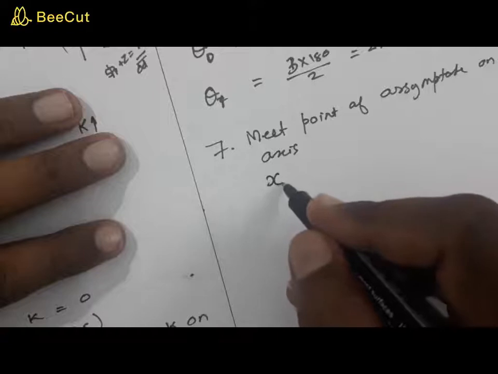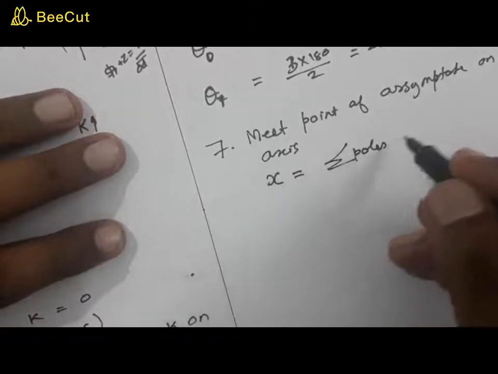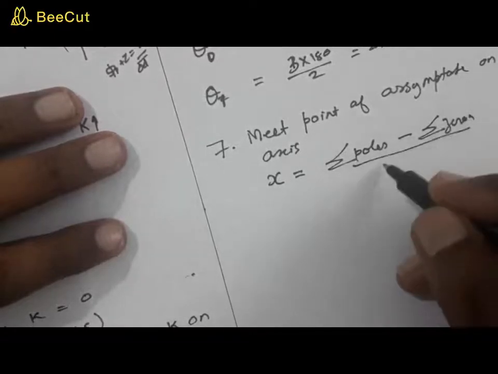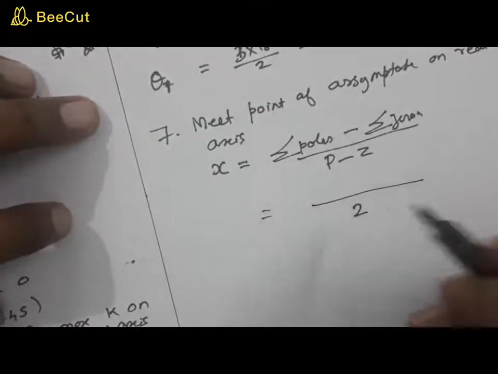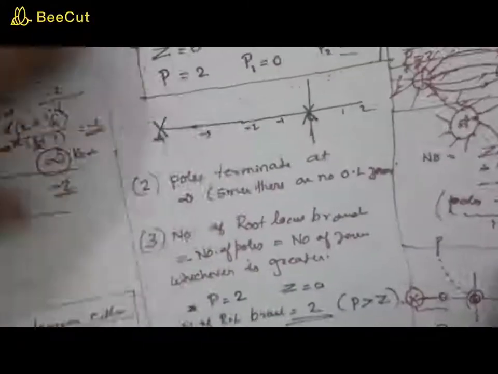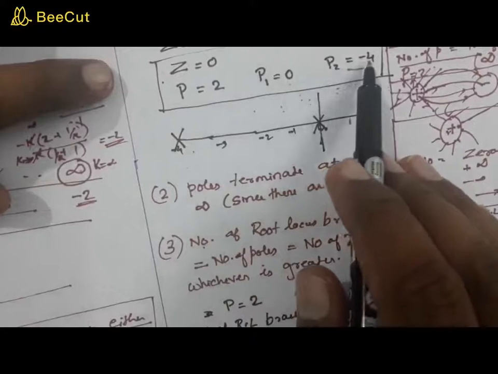That is very simple. Let us call that x. x is equal to sigma poles minus sigma zeros, divided by p minus z. What is p and z? P and z are the number of poles and zeros, so you can straight away write that as 2 minus 0, which is 2. Now what is sigma poles? We have already found the poles to be 0 and minus 4.